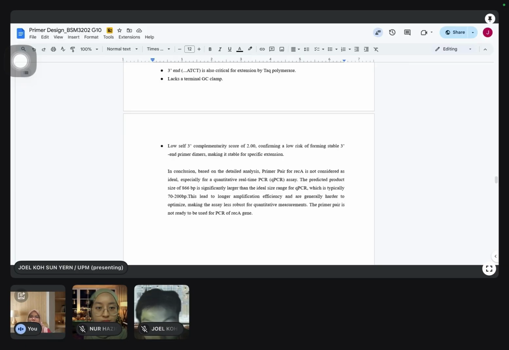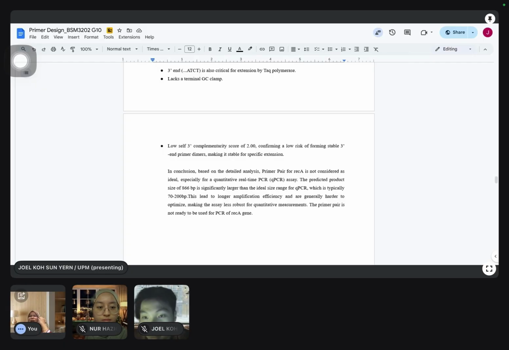This very long length can lead to lower amplification efficiency, meaning the results would be less accurate, and it could be contaminated. It's also generally harder to optimize because it's such a long product.